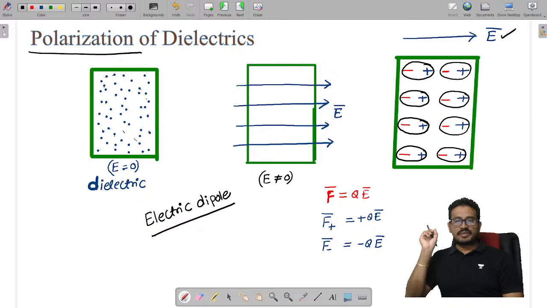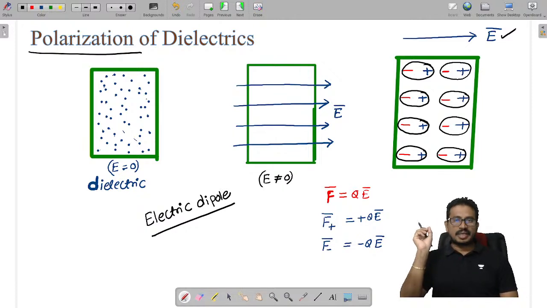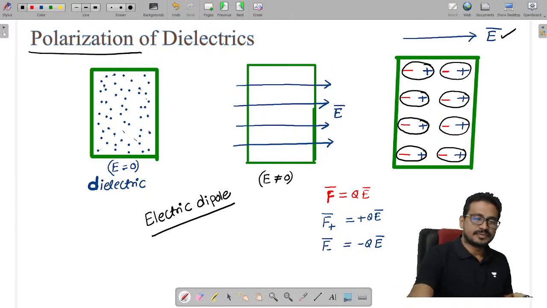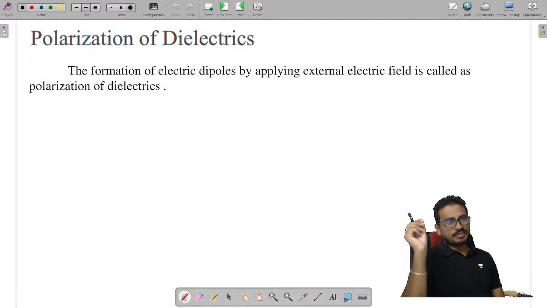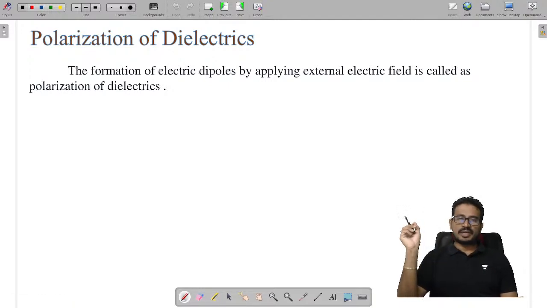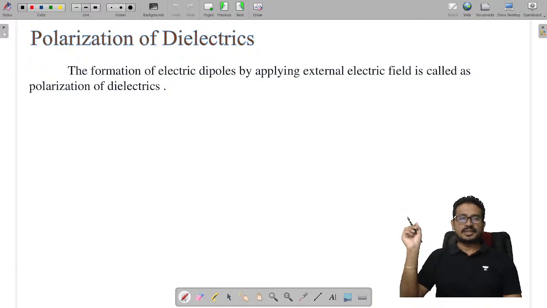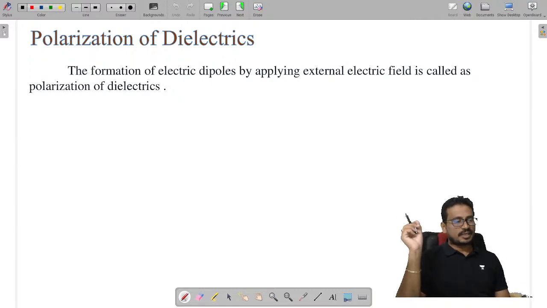The formation of electric dipoles by applying an external electric field is called polarization of the dielectric. Is it fine?